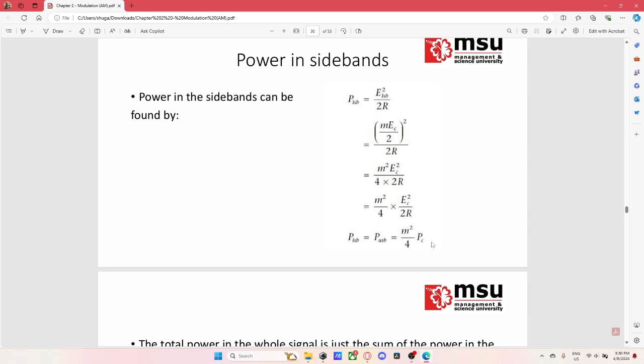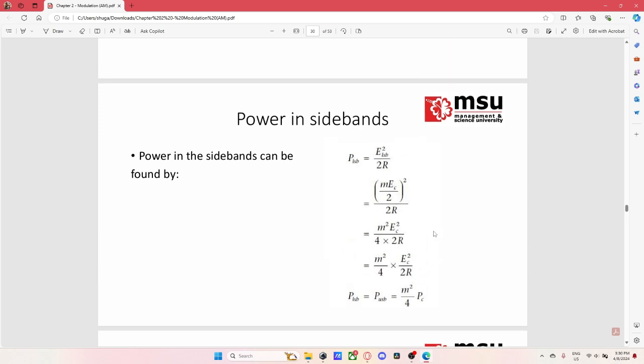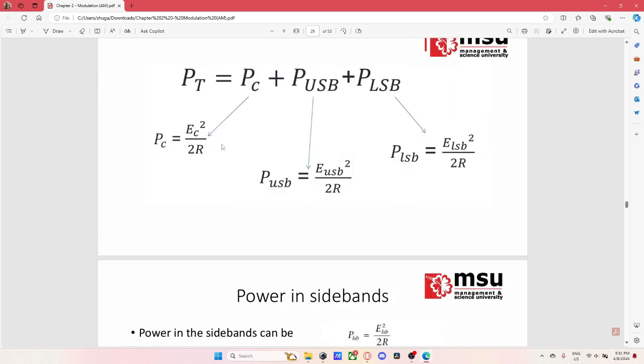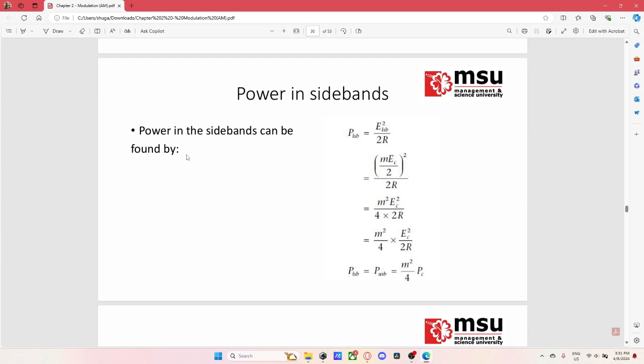So if the question only gives the value for EC and resistance, for example, you would first find PC. When the question gives the value for voltage and the value for resistance, you can use those values to find the power in carrier.